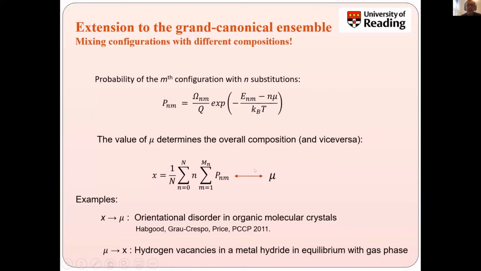The value of mu has a direct connection with the fraction of substitutions that you have in the real system. So you can either know the fraction of substitutions and from there determine mu, given this equation, because the probabilities depend on mu, or you can do the other way around. You can have mu, and from there get the fraction of substitutions.